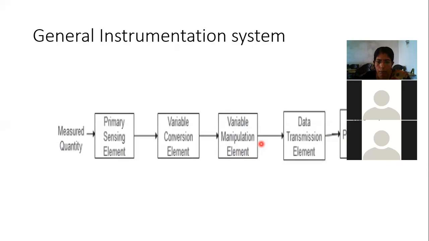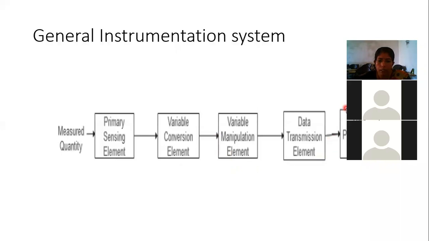Either there may be a connection or no physical connection. Anyway, we have to transfer the signal coming from the manipulation element to the presentation element. For that, we use the data transmission element. This is the intermediate stage between the presentation element and the signal conditioning element.